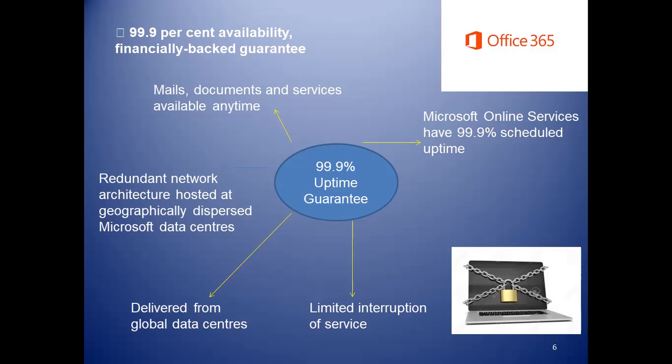Mails, documents, and services available anytime 24/7. Redundant network architecture hosted at geographically dispersed Microsoft data centers. Means the cloud is what you are accessing, it won't be on one single location.